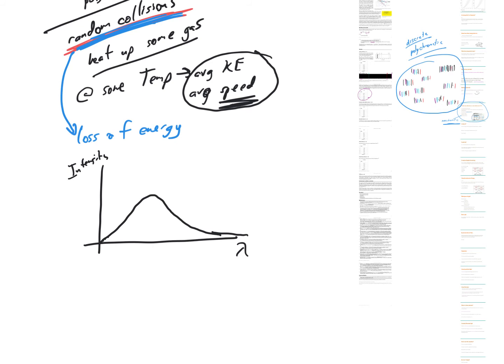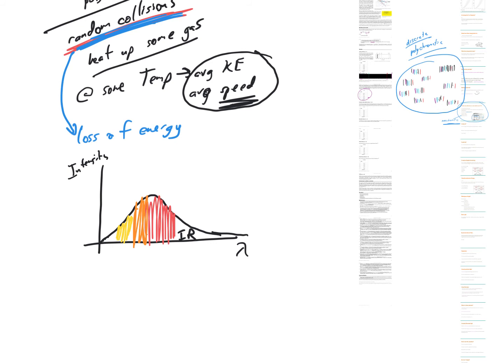Let's make this for fire, for example. Fire mostly emits red. And it also emits in the orange and the yellow. And where's my orange? And it also emits a lot in the infrared.